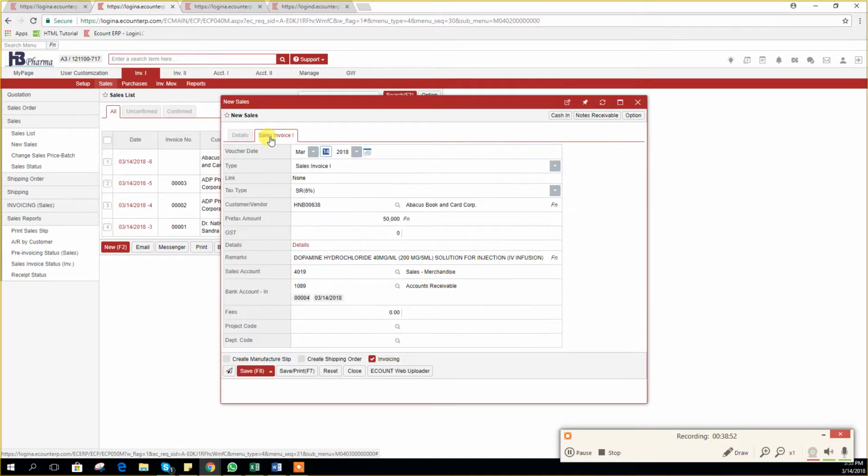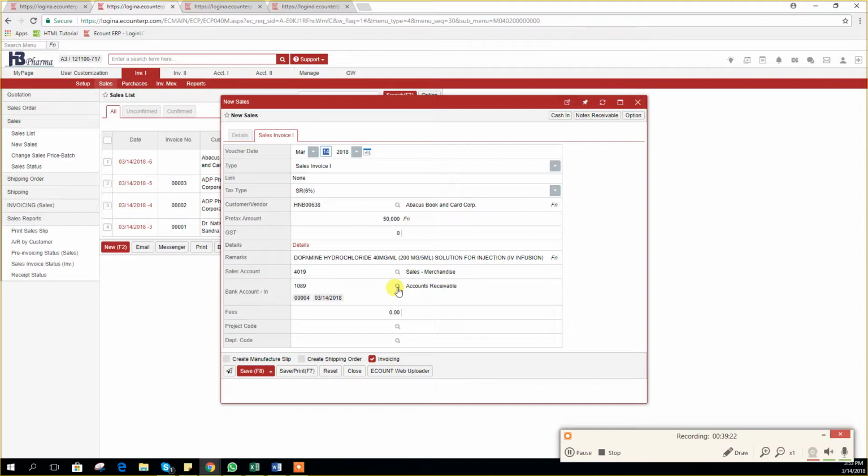Now this is where it gets interesting. We need to deduct this liability. Normally, if it's a straightforward transaction, it will go to sales. You need to credit out the sales merchandise and debit accounts receivables. So now you have already received this deposit, let's say.